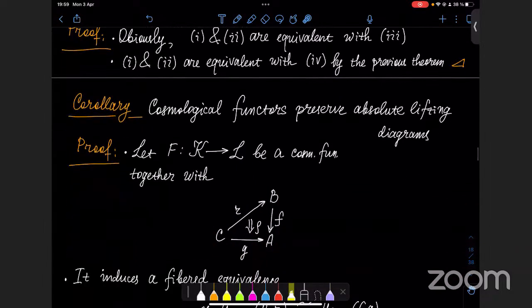Another corollary: cosmological functors preserve absolute lifting diagrams.